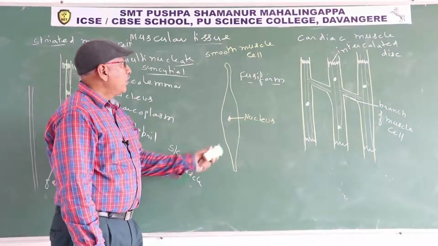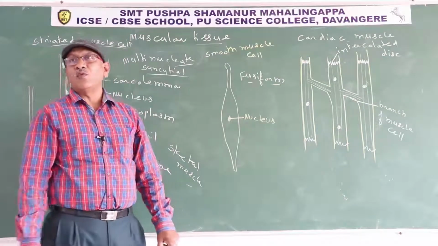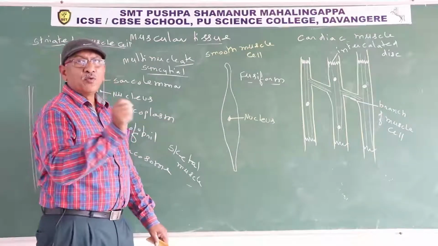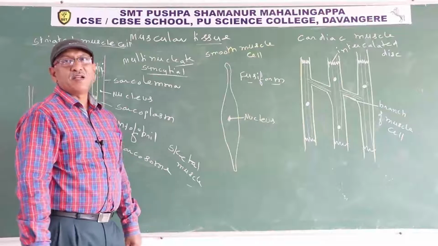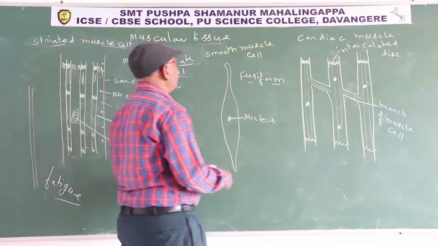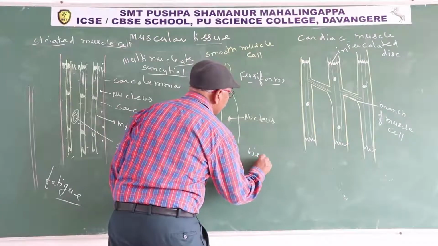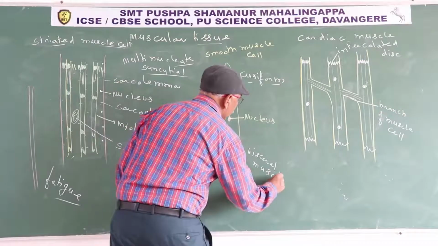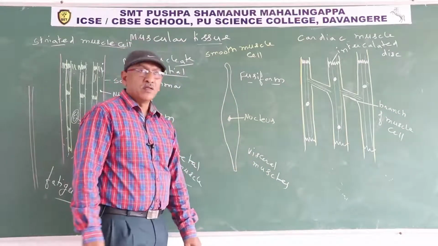What is viscera? Organs present in the coelom are known as visceral organs. That's why smooth muscles are also known as visceral muscles.